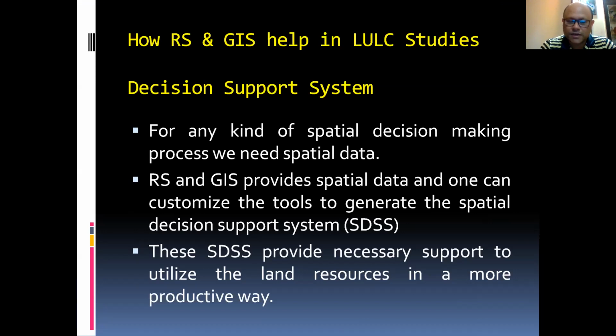From here we understand that remote sensing and GIS are very effective tools, and very essential for any kind of land use land cover studies. It helps us in assessment, in planning, in change analysis, in any kind of mapping, and in decision support systems. So like this, remote sensing and GIS help us in land use land cover studies.